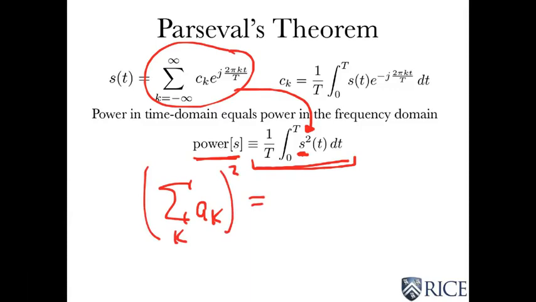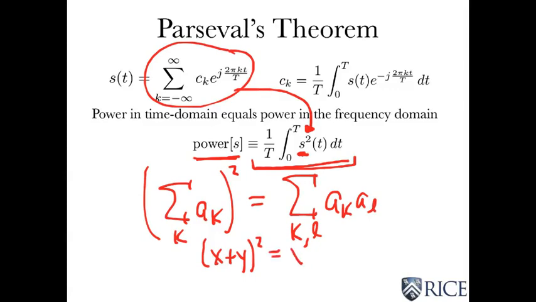Well, it's not the sum of a_k squared. That's not the answer. It's a double sum, which I'm going to write as a sum over k and l of a_k a_l. And to see that, look at the very simple example of (x plus y) squared. Well, that's equal to x times x plus x times y and so on, all possible pairwise products. So that's why this is equal to that.